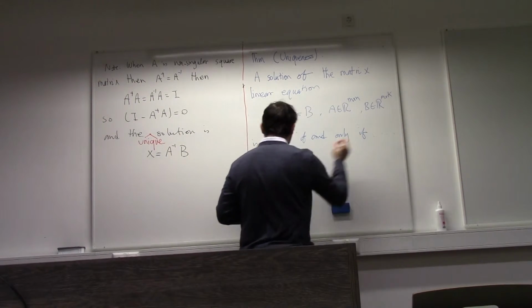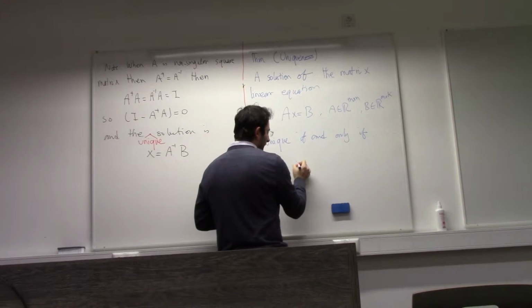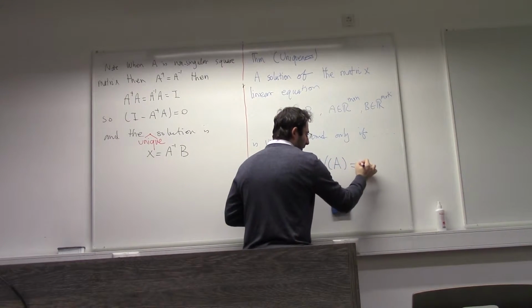I will fill the blank. But I continue. In other words, null space of A is equal to 0.